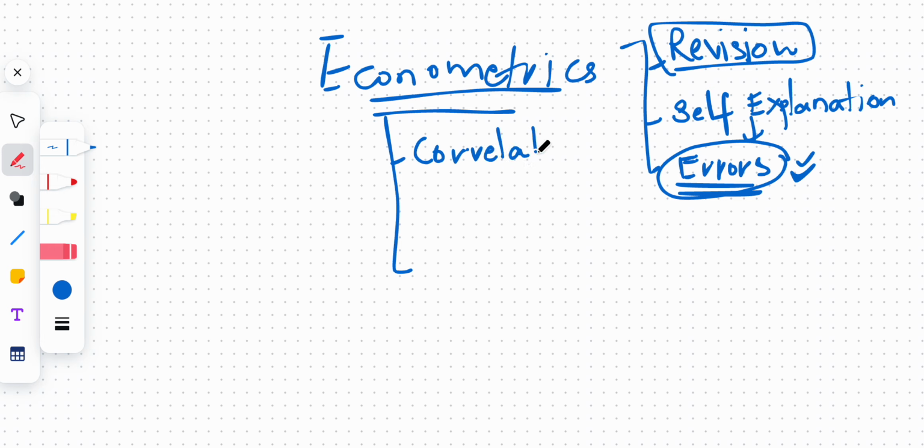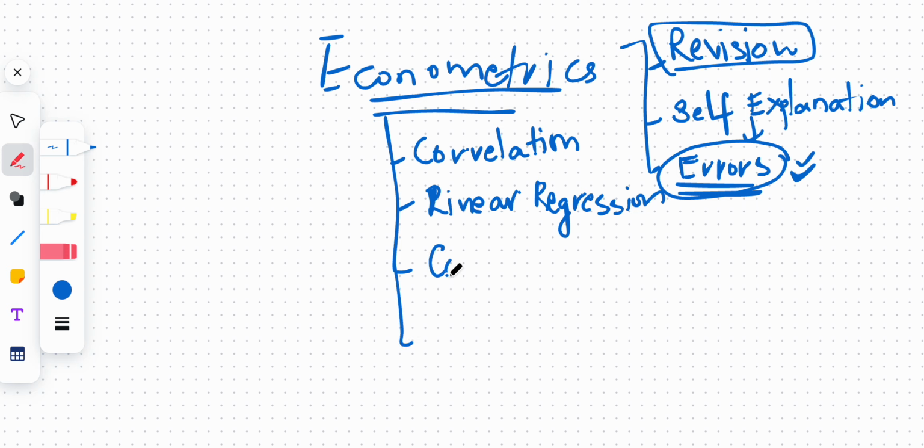correlation. Then next is, yes, wait, after correlation I think linear regression. Then I will do other things like that, which are multicollinearity.